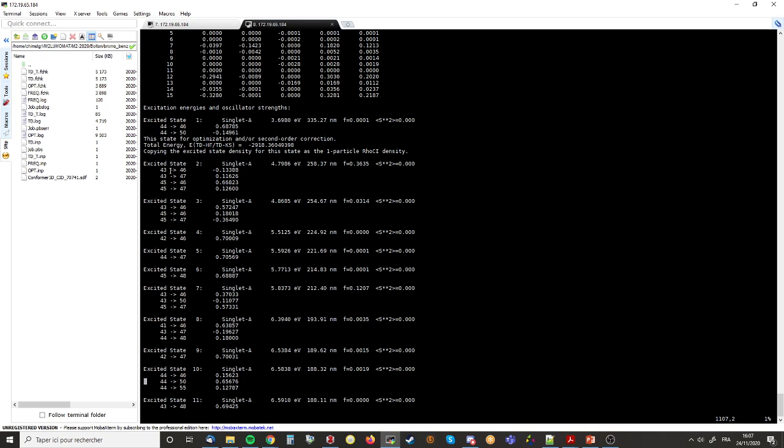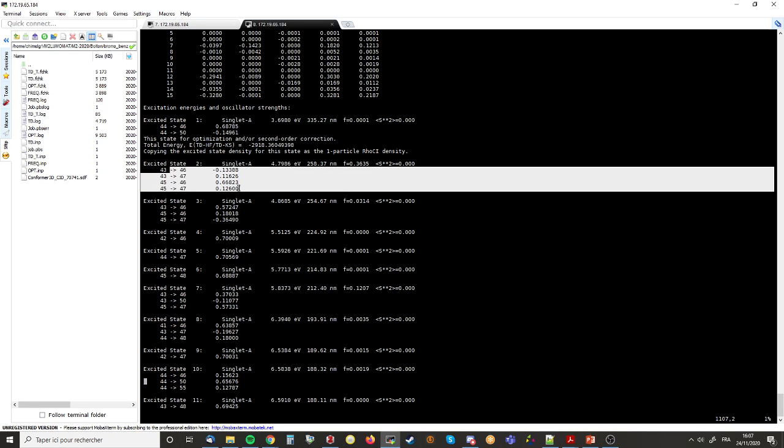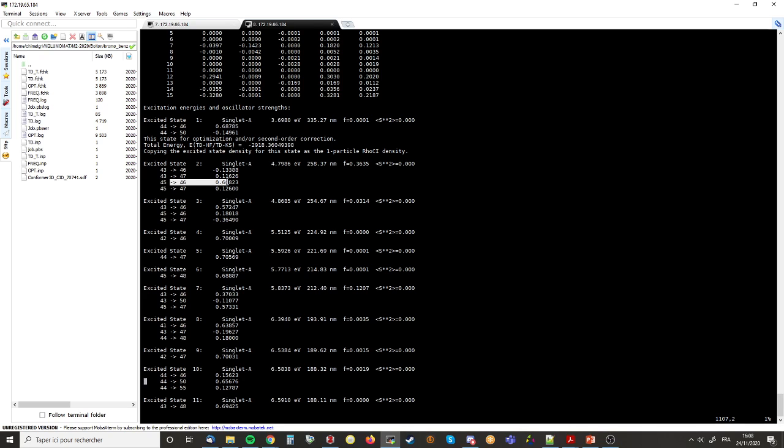That means that here, to consider the second excited state, we need to take into account this majority, that means HOMO-LUMO, a little bit of HOMO-LUMO plus 1, a little bit of HOMO minus 2 LUMO plus 1, and HOMO minus 2 LUMO. And if you consider this plus this minus this, everything squared, you have the correct energetic or electronic displacement.